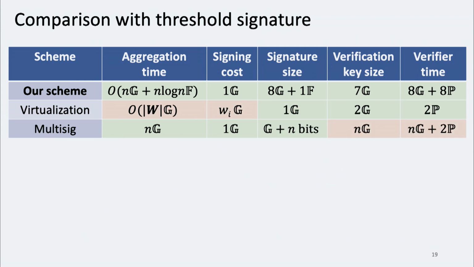Now, if we compare with existing previous weighted threshold signature schemes, you will see the huge advantage we get. If we use virtualization, then aggregation and signing would be prohibitive. And if we use multi-signature, then the verification key and verifier time would be very costly.